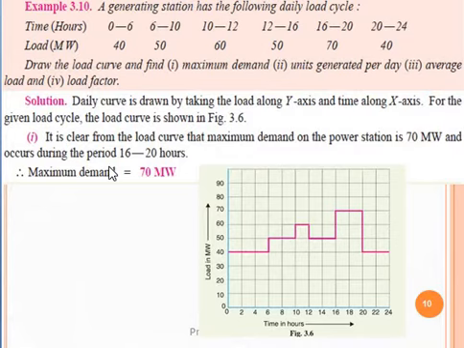Friends, such a problem may be asked for 5 marks or 6 marks. First of all, we will have to concentrate on drawing the load curve. On the x-axis, we will take time in hours and keep an interval of 2 hours between each unit. And on the y-axis, we will take the load in megawatt, with an interval of 10 units each.